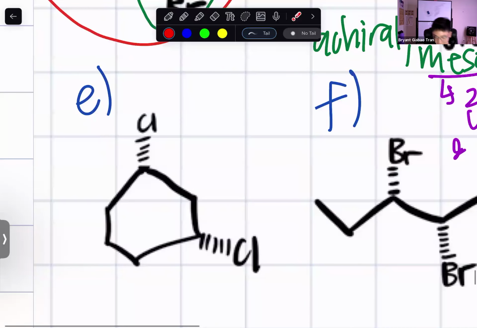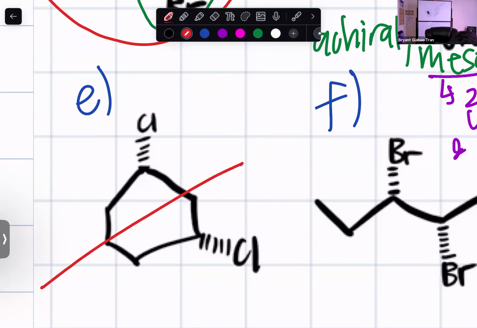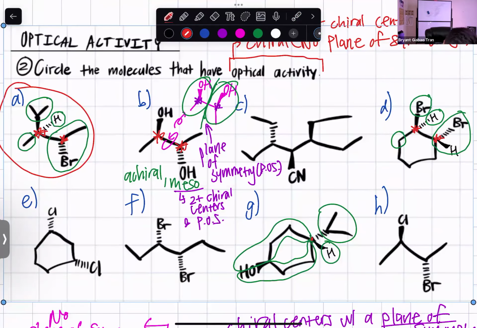Does E have optical activity or no? No, right? Because there is a plane of symmetry here. Are there chiral centers? And if so, how many?